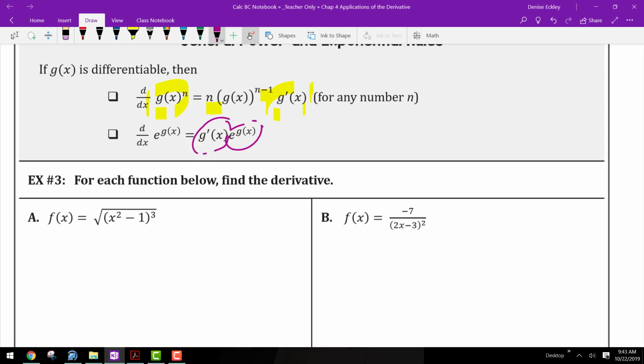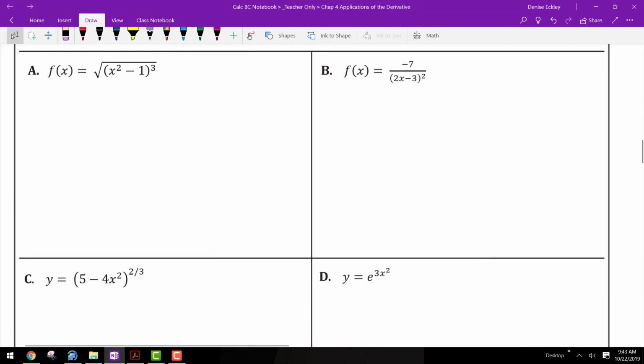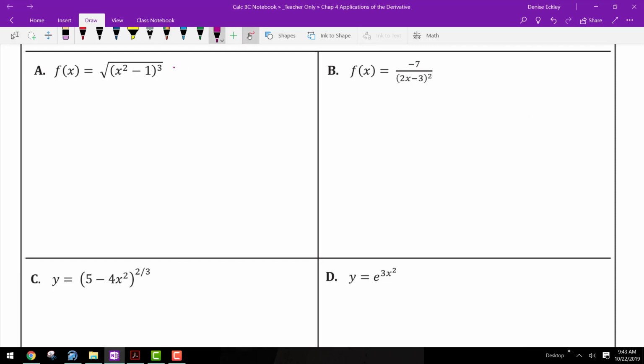So let's do a few of these here at the practice section for exercise 3. So the first one, f of x equals the square root of x squared minus 1, cubed. So you want to remember that you can think of this as x squared minus 1 to the 3/2 power. That might be a little easier.